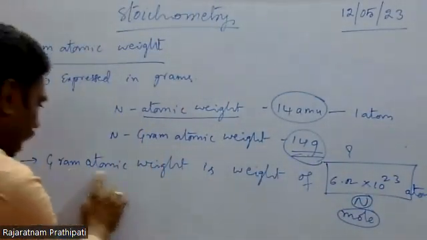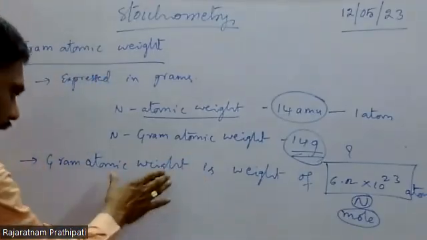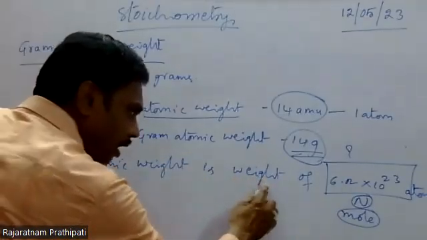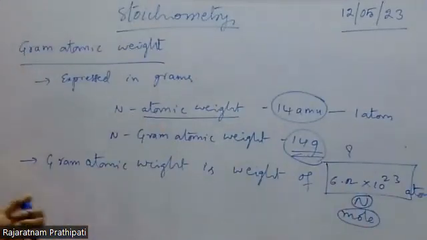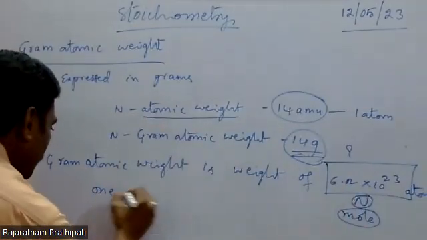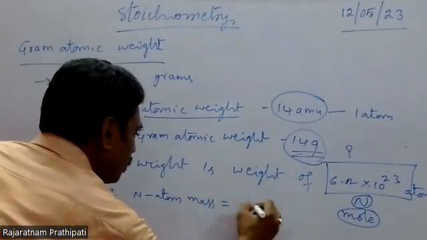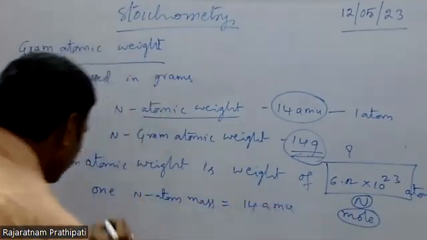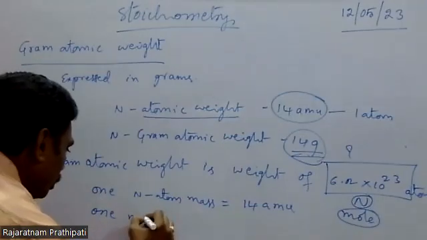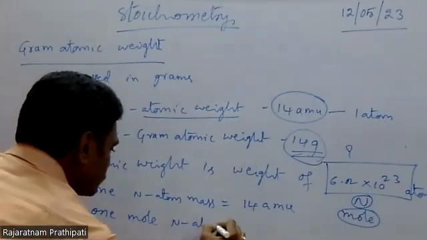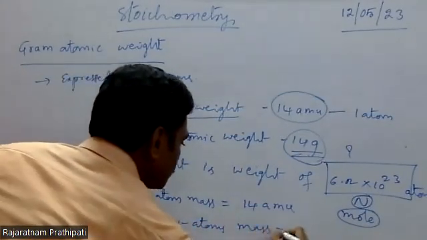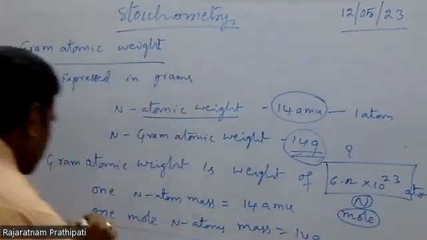So simply, gram atomic weight is the weight of 1 mole of atoms. Here, 1 nitrogen atom's mass is equal to 14 AMU. 1 mole of nitrogen atoms' mass is equal to 14 grams.